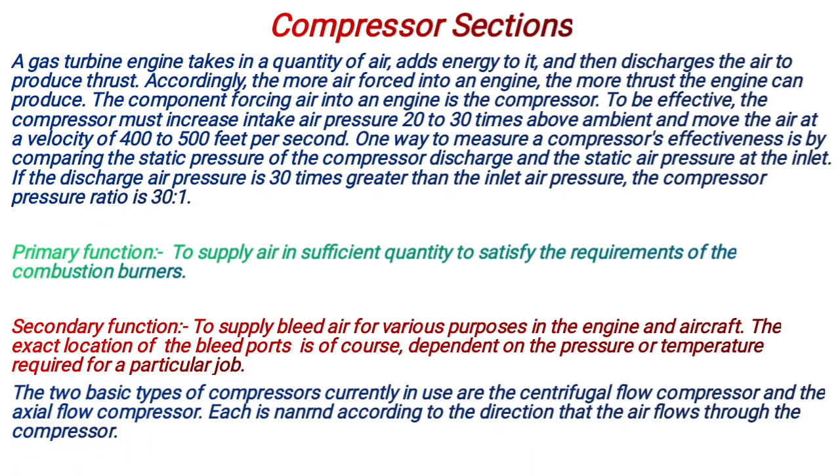The two basic types of compressors currently in use are the centrifugal flow compressor and the axial flow compressor. Each is named according to the direction that the air flows through the compressor.